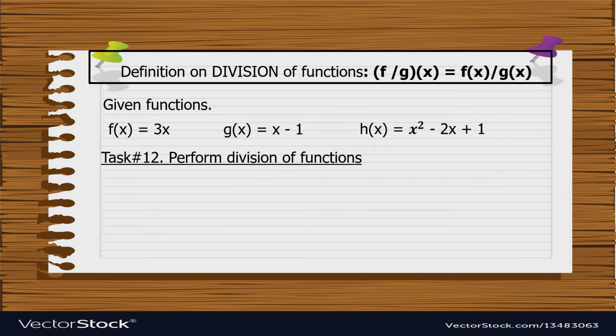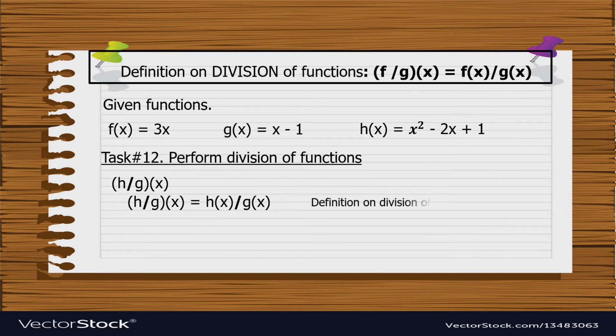For your task number 12, you need to find the quotient of h of x and g of x. H over g of x is equivalent to h of x divided by g of x. And h of x over g of x equals x squared minus 2x plus 1 over x minus 1.